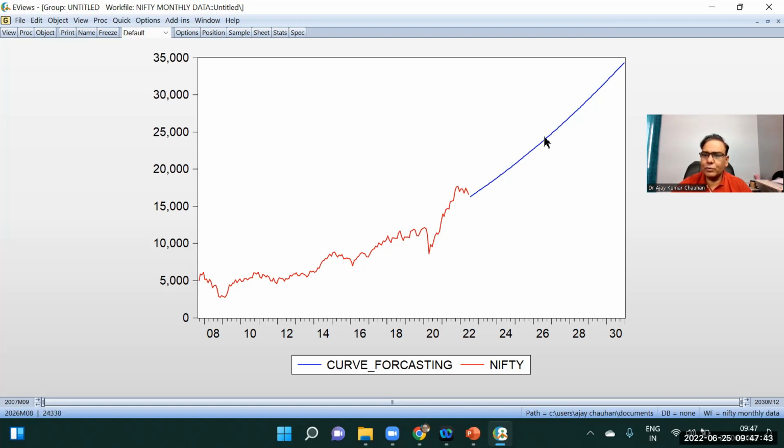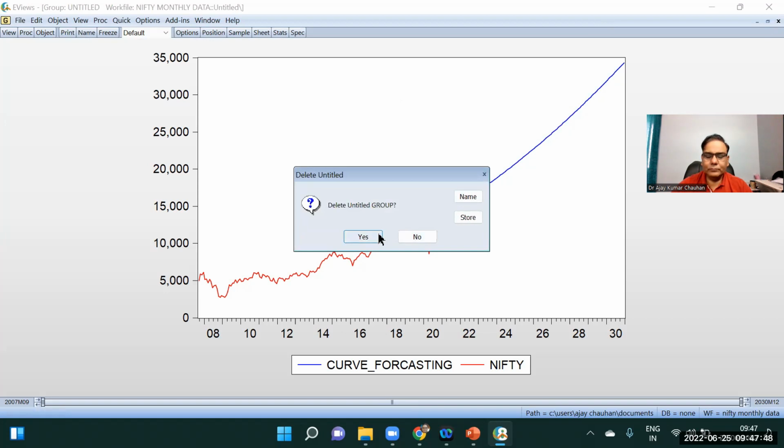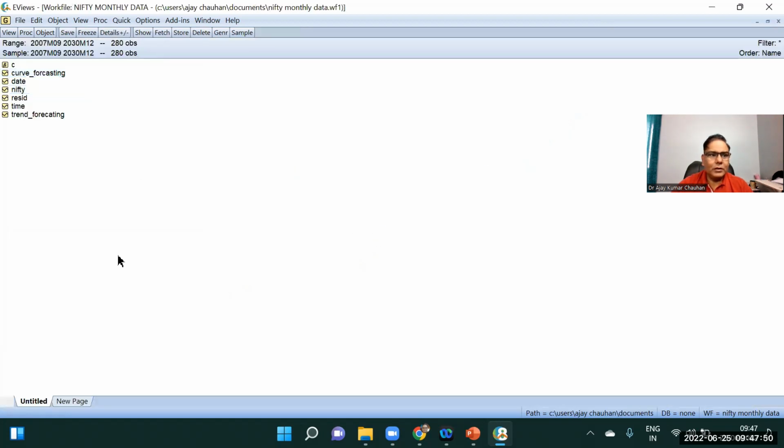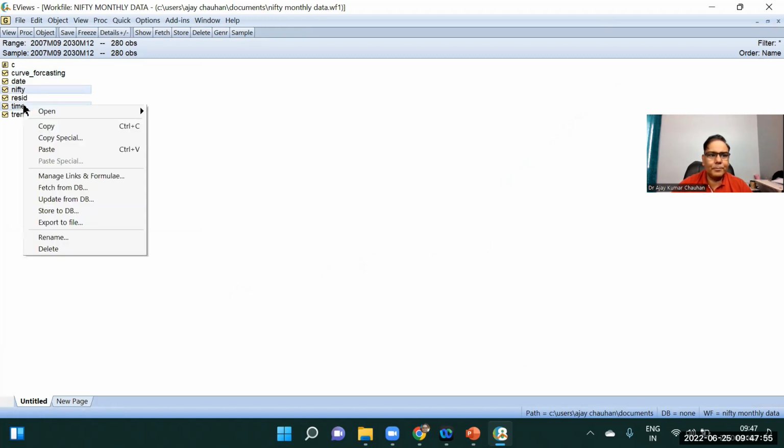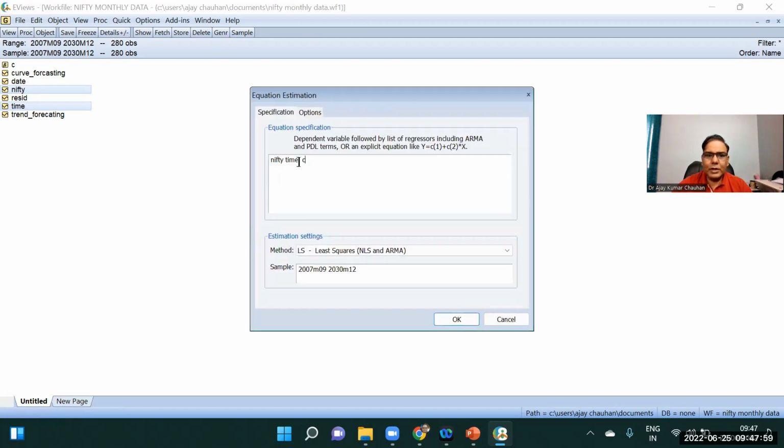Now we are moving to the third case. Nifty time, open as a group, open as an equation. Now I am taking the log of Nifty.